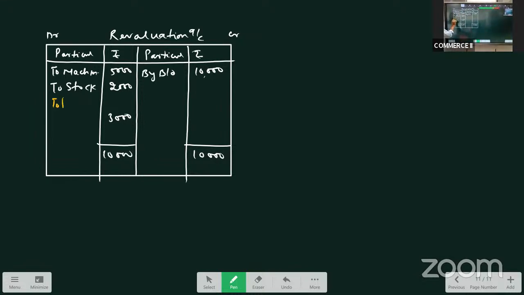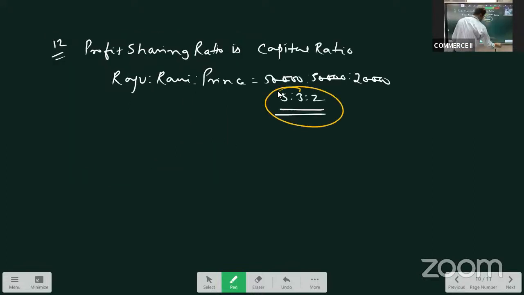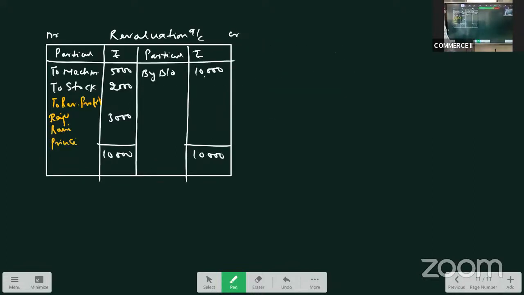It is the revaluation profit which is to be credited to Raju, Rani and Prince. In what ratio? Remember, I have just shown, 5:3:2.